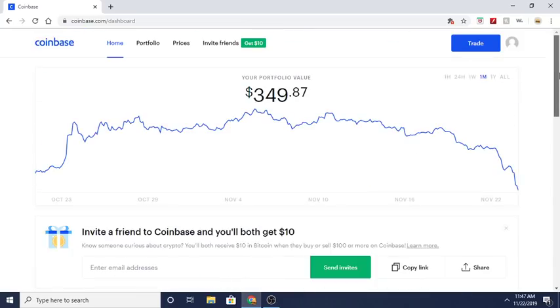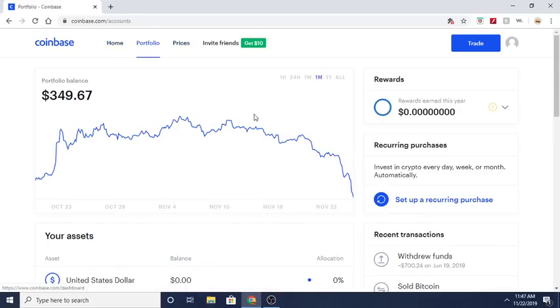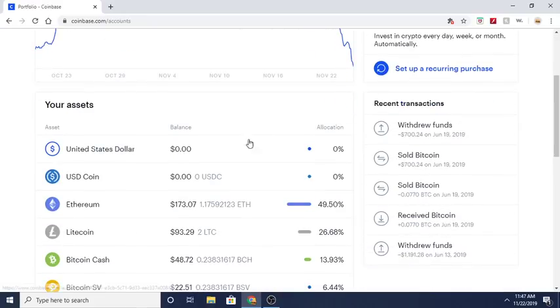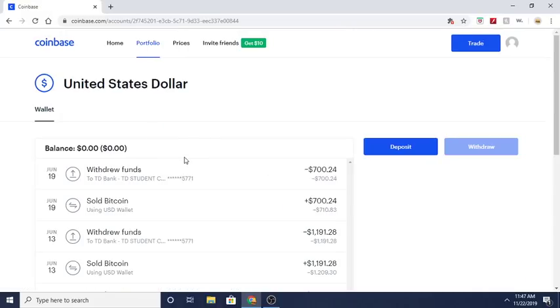You could also add some money here, in US dollars.